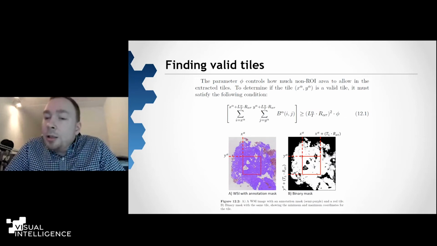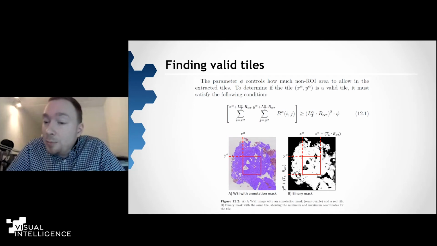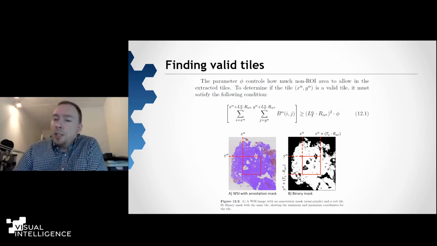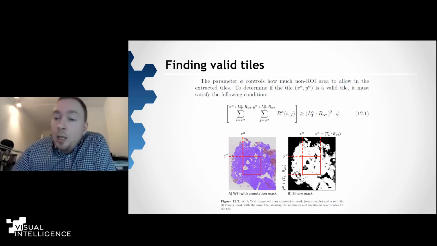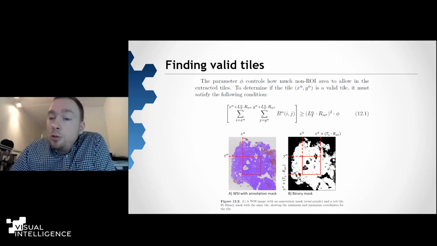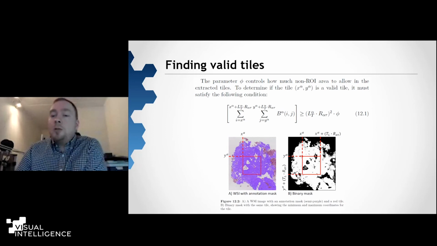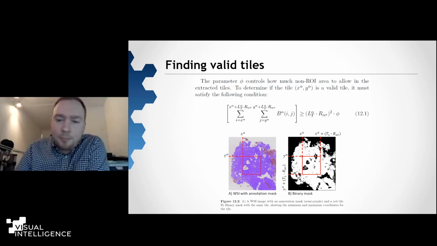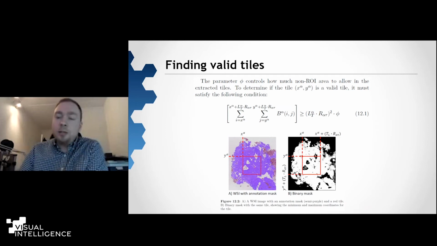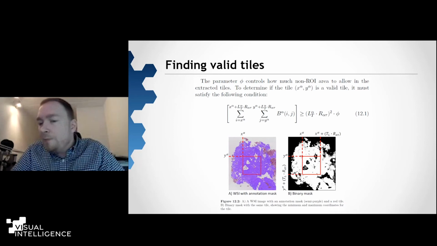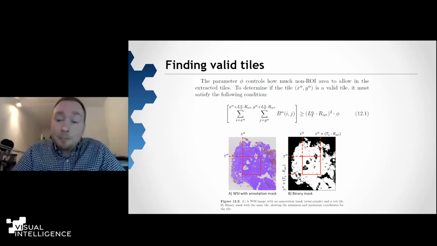For grading of bladder cancer, the tissue border contains important information, and thus we needed a system which would include this in the tiles. We solved this by including a parameter called phi, which controls how much non-region of interest to allow in the valid tiles. In the example image here, we have a red tile, and to determine if this tile should be valid, it must satisfy the equation on the slide.